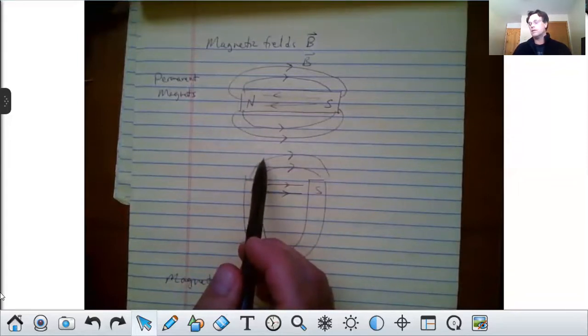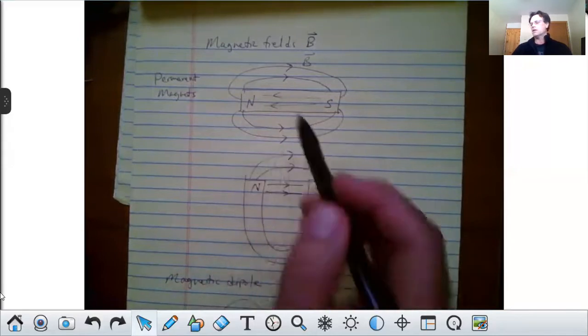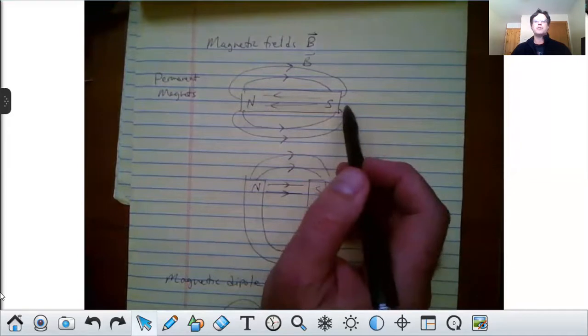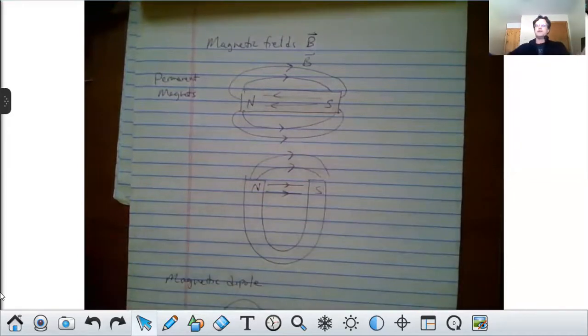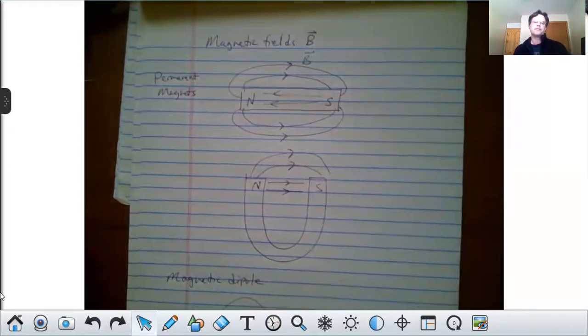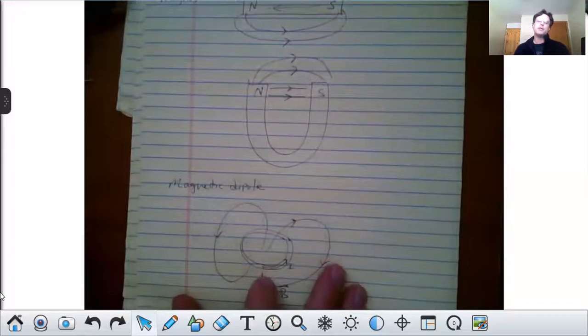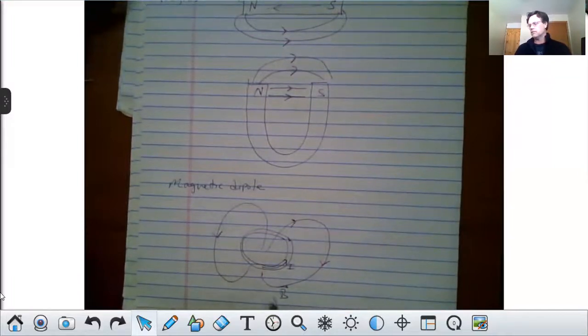An example of another magnetic field is, of course, the Earth's field. The Earth's field has a north and a south pole, and the magnetic field lines are around the Earth, kind of as if there's a permanent magnet or a bar magnet, a very large one, inside the Earth. As an example of an actual electric current that creates a magnetic field, we'll eventually talk about a magnetic dipole.